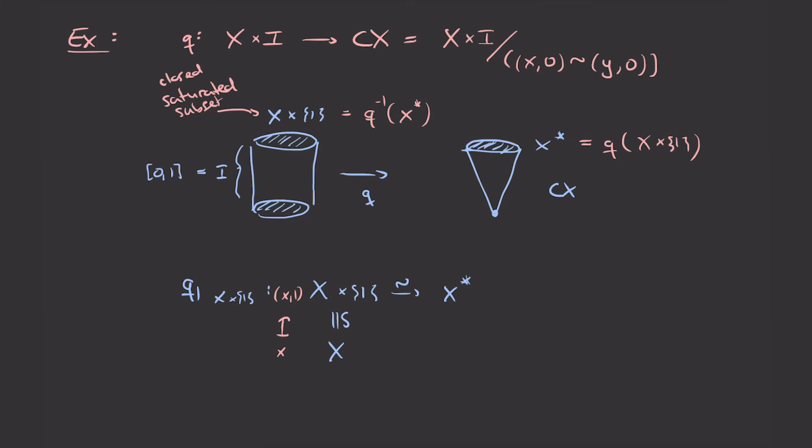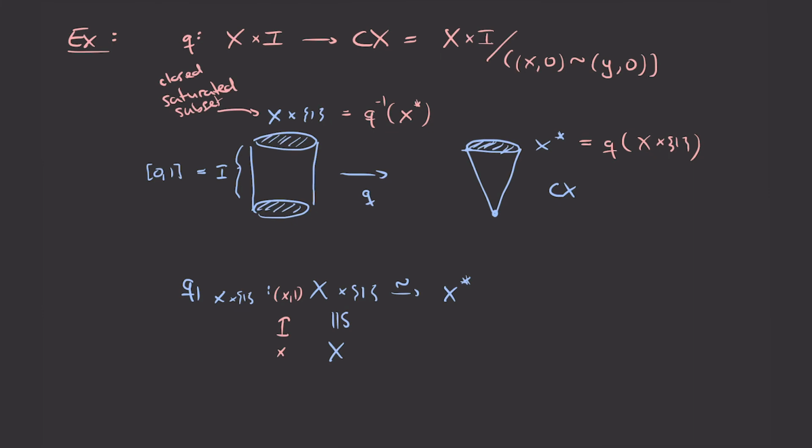Well, if you look at the definition of the quotient we're taking, we're not touching any of the points that don't have coordinate 0. So as long as we're not in the section of this product where we have second coordinate 0, we're actually just injectively mapping whatever we have on the left-hand side to the right-hand side. So in particular, this restriction of Q is injective, and we saw previously that injective quotient maps are homeomorphisms.